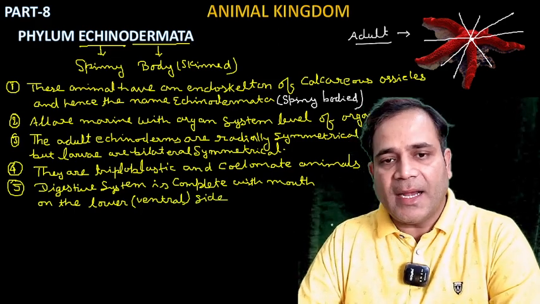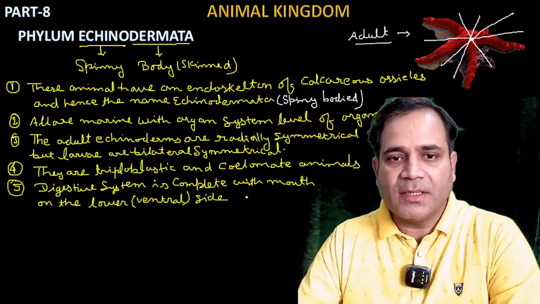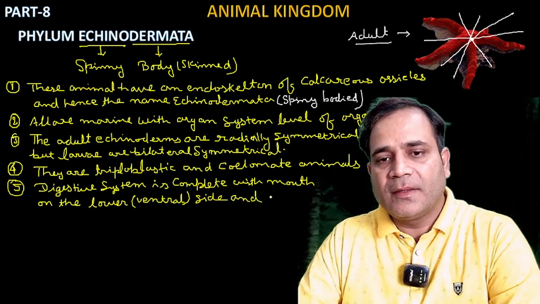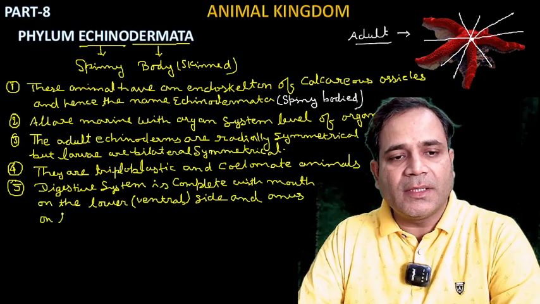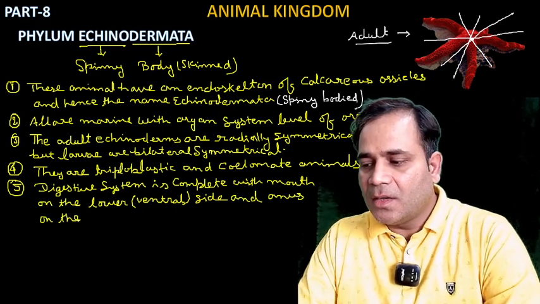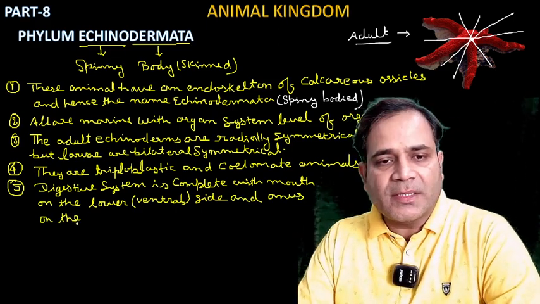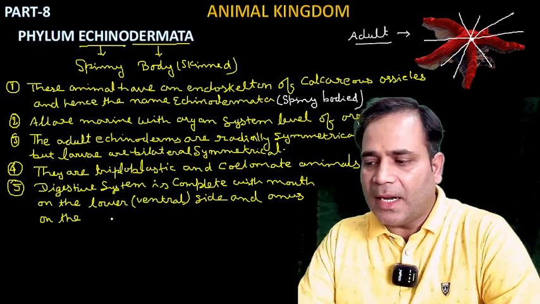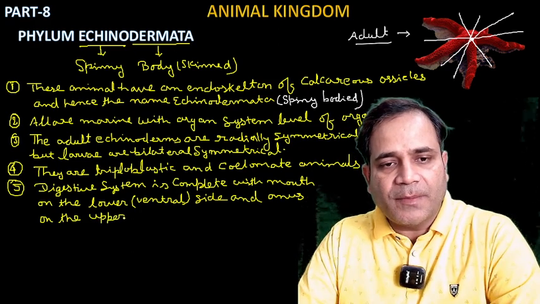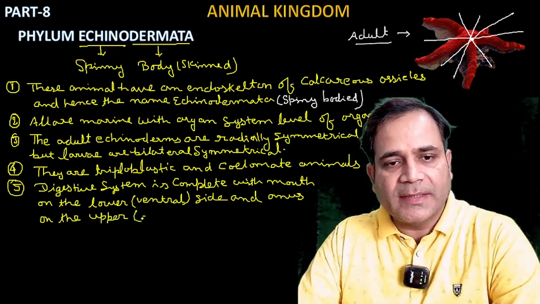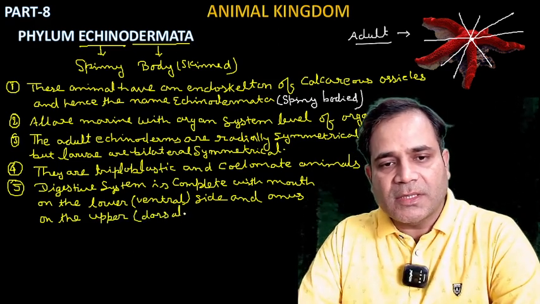Ventral side has the mouth, and the anus is on the upper side, that is the dorsal side.